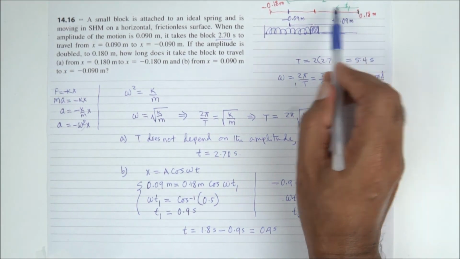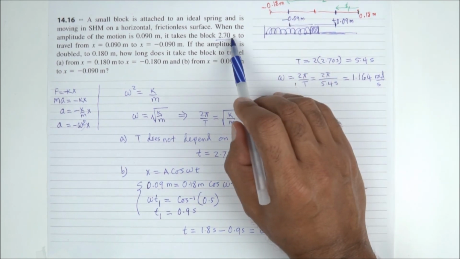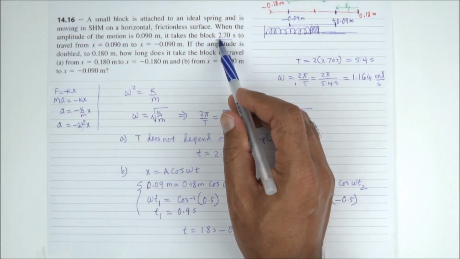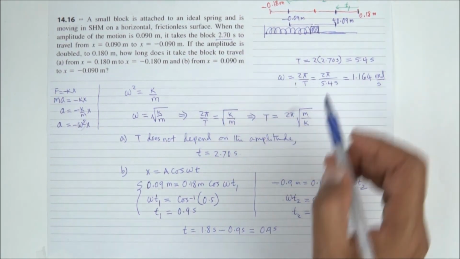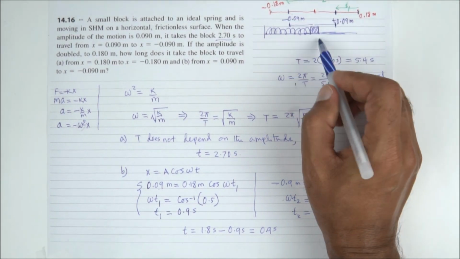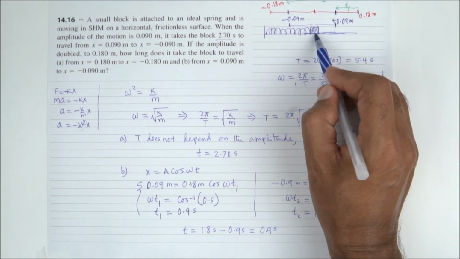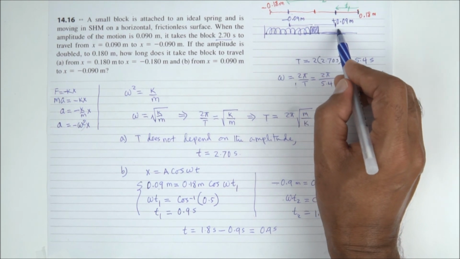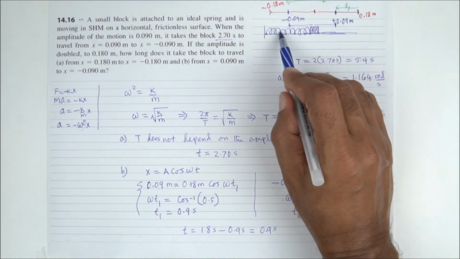Compared to going from here to here, this is half the distance. You would think that the time would be half, which would be 1.35, but it takes only 0.9 seconds to go from here to here. The reason is that the object has the maximum velocity here and will slow down as it goes in this direction, and same thing in the other direction.